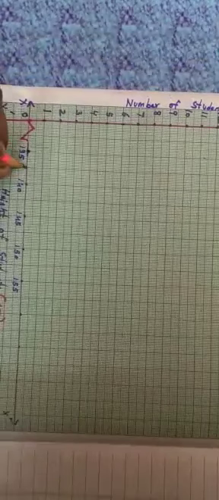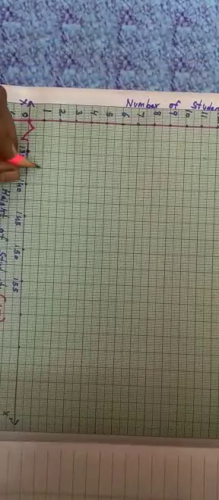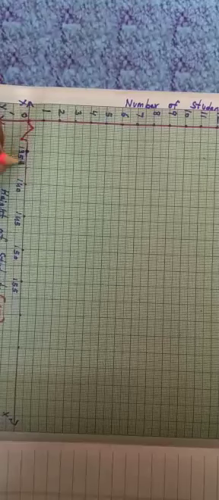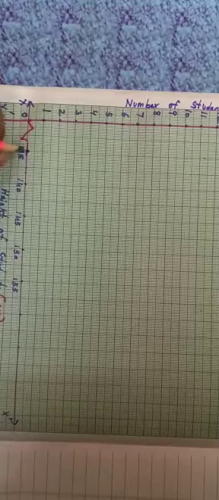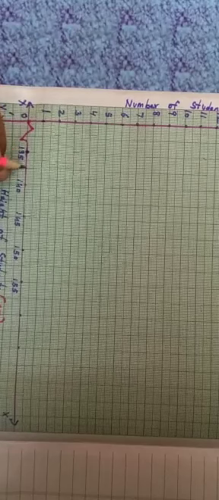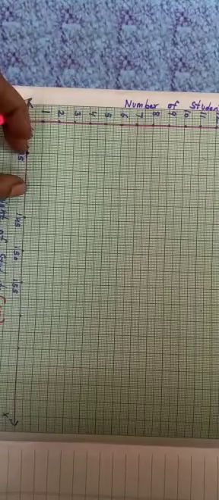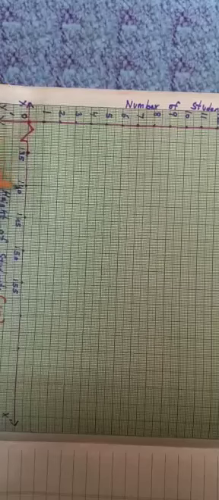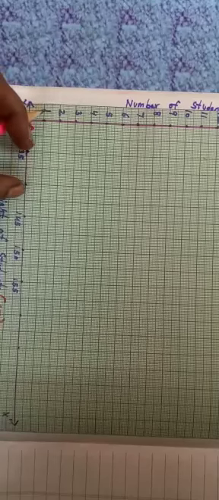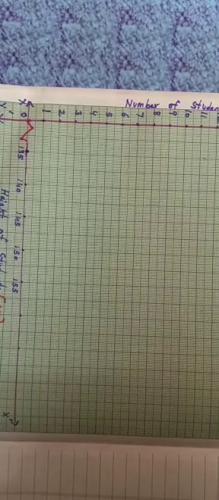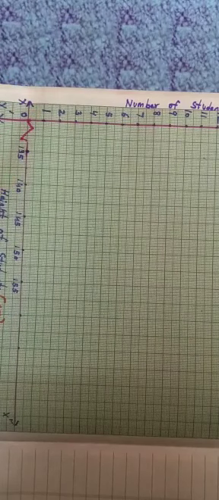Every square on the graph paper is 1 centimeter. If I write 140 right after 135, it would be 1 centimeter equal to 5. But I have taken 2 centimeter, from 135 I wrote 140, so 2 centimeter is equal to 5, and 1 centimeter will be half of it. This you should understand.